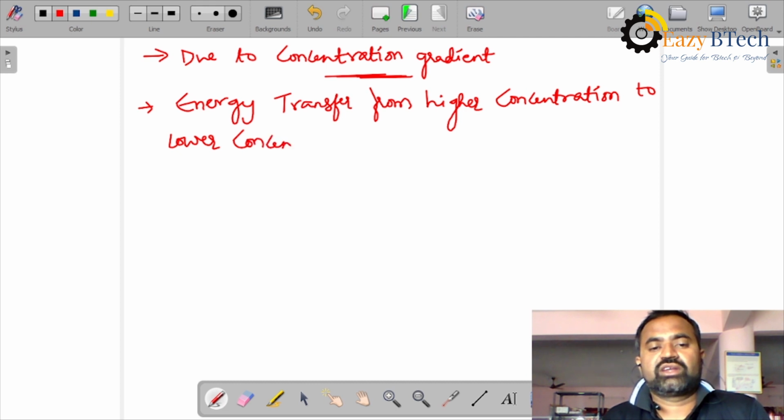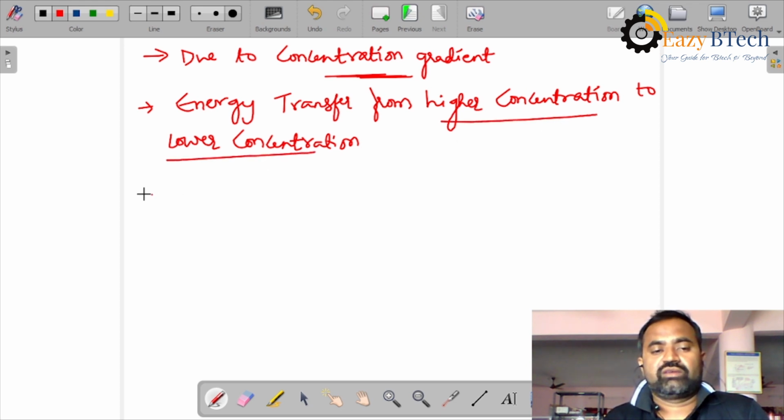Due to concentration gradient, energy transfer from higher concentration to lower concentration.